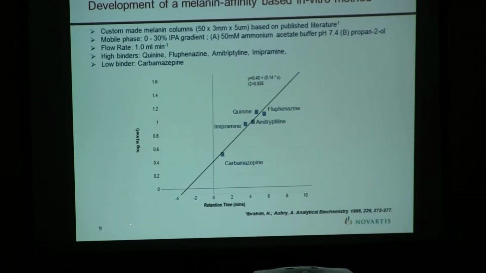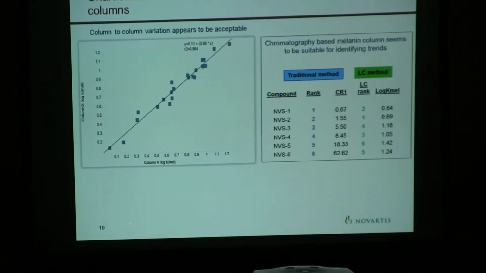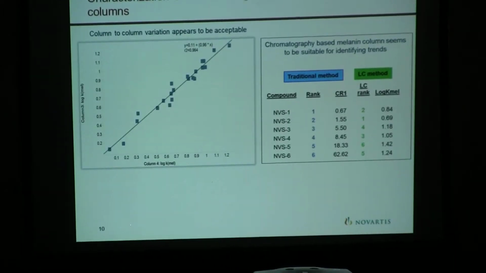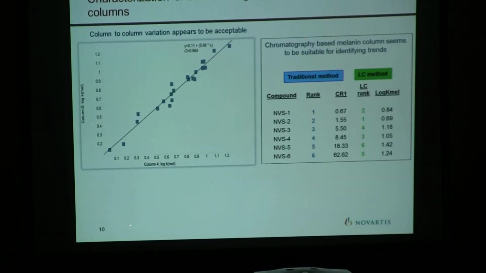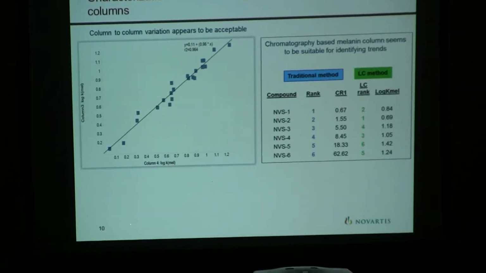With this initial success, we also wanted to make sure that the assay is robust, since the columns that we prepared could only be used a certain number of times. So we wanted to make sure that column to column variability would not be a factor. We prepared a bunch of columns and ran a number of compounds on 2 different columns.